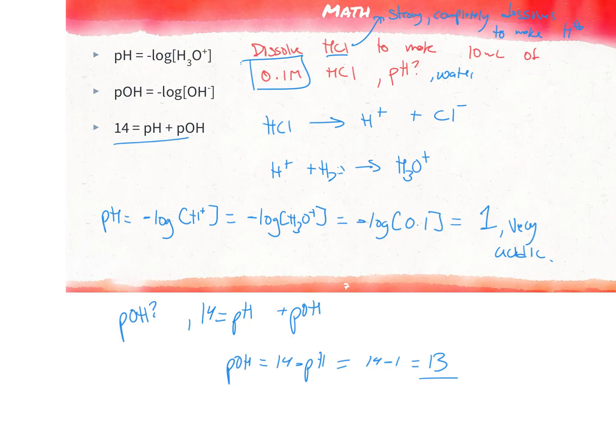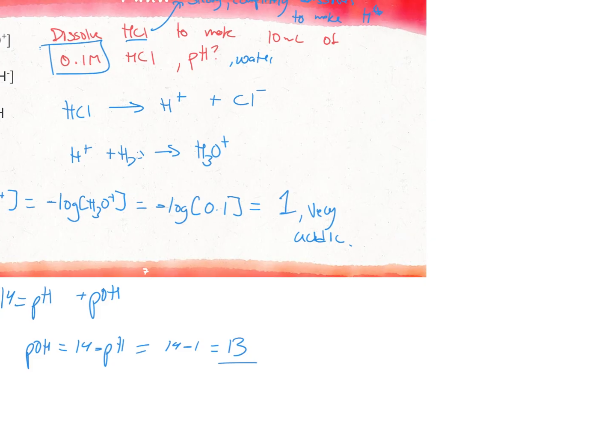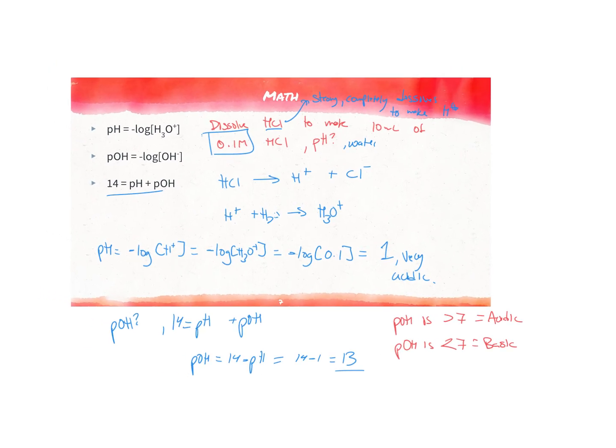And so if pOH is greater than 7, this means acidic because it's the exact reverse of pH. And if pOH is less than 7, this means basic. So we can use these relationships as well as the description that we're given in a problem in order to find things like pH and pOH. We'll have some more practice with this in class, but for now, that's all. Thanks, guys.